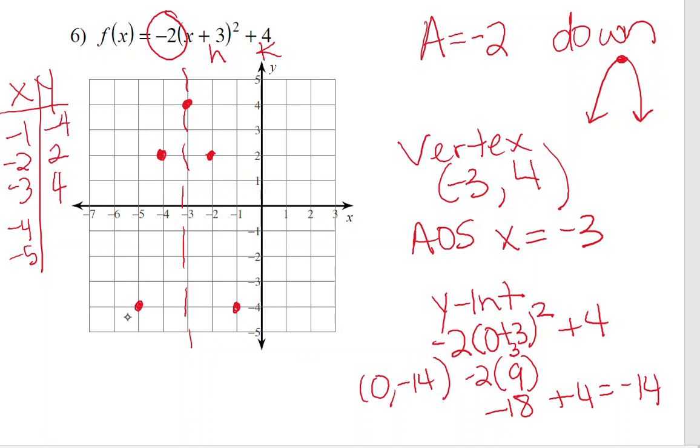When we plug in negative 1, negative 1 plus 3 is 2. 2 squared is 4. 4 times negative 2 is negative 8. Negative 8 plus 4 is 4. So that's how we could have found more points on the graph. Now we can draw our parabola, and we can see that our x-intercepts are about negative 1.5 and negative 4.5.